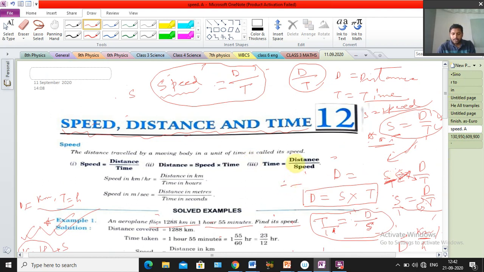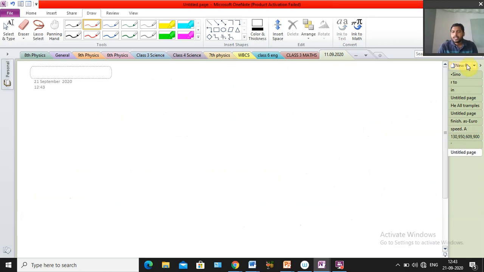Now we have to go to the exercise part. The next page has a little problem with the display, but it's okay, no problem, I am just writing the question.